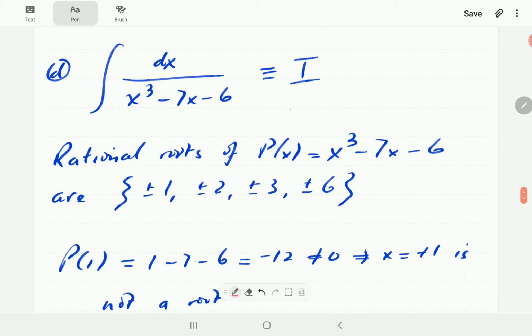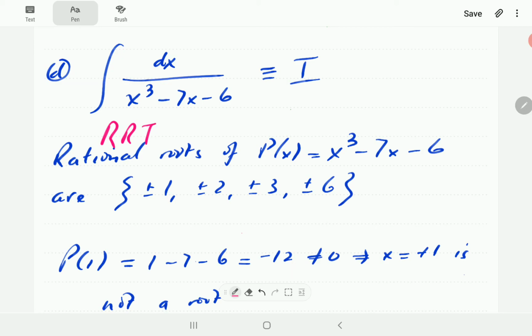For this one, the denominator is a cubic, so we need something a bit more than just techniques of factorizing quadratics. In particular, we are going to use something called the rational root theorem here.